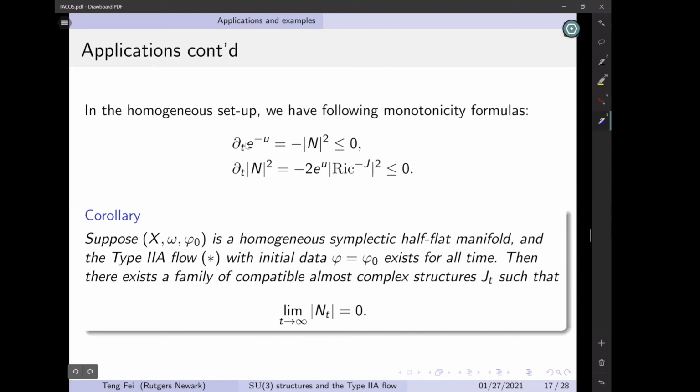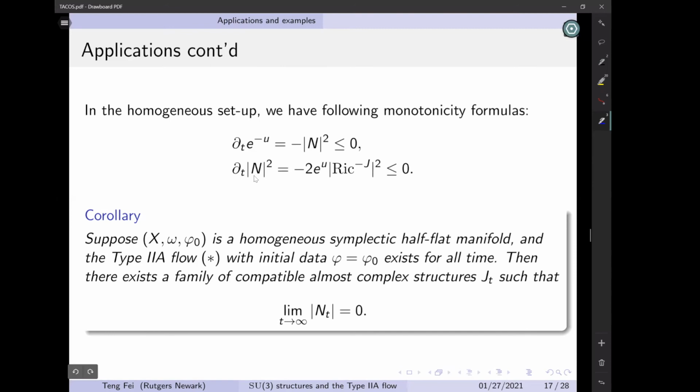The first one is that e to the minus u is actually non-increasing, and its time derivative is characterized by the negative of the norm of the Eigenhus tensor. And we know when this is 0, we get an integrable complex structure. And if we involve the norm squared of the Eigenhus tensor, the time derivative is also non-positive.